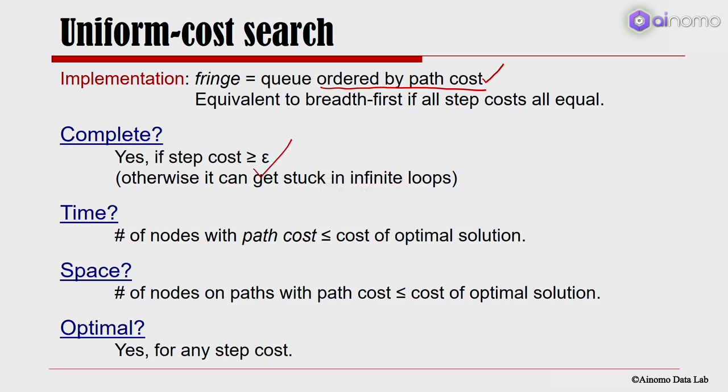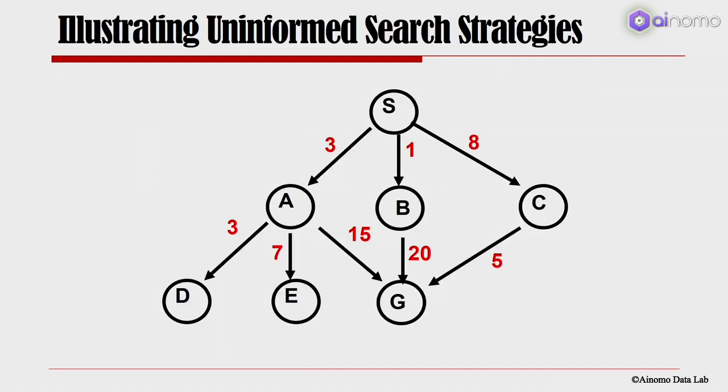Yes, it is, provided the number of nodes with path cost less than or equal to the optimal cost is finite. And whether it is optimal, yes: for any step cost, uniform cost search is an optimal graph search technique.